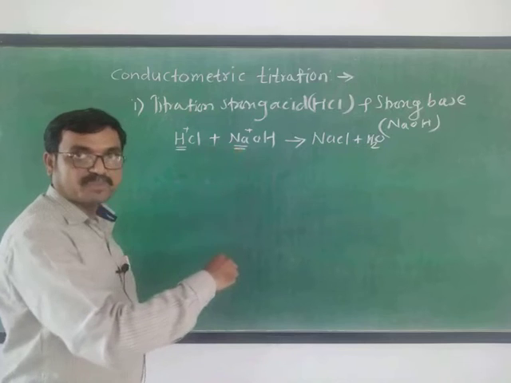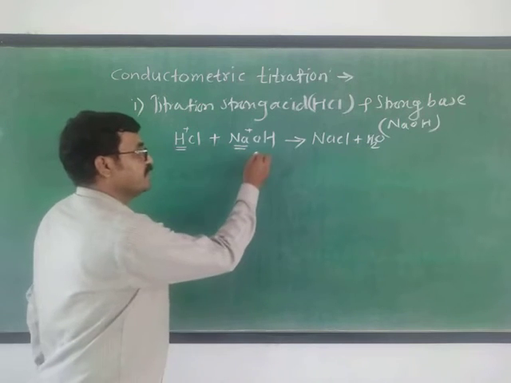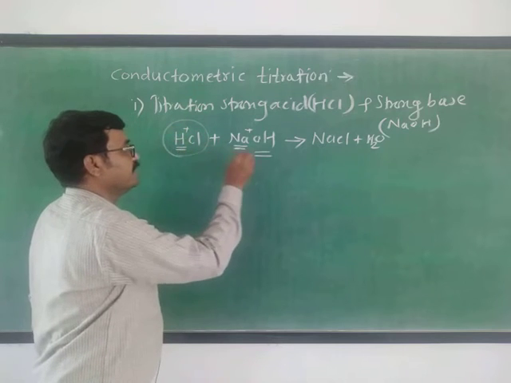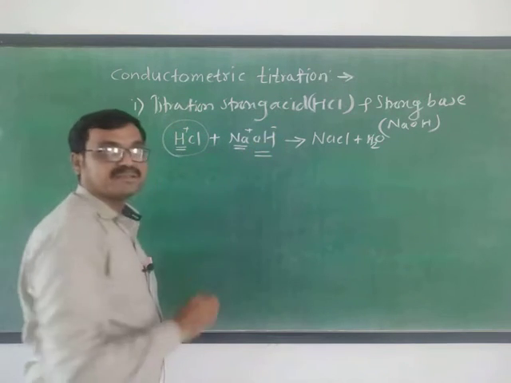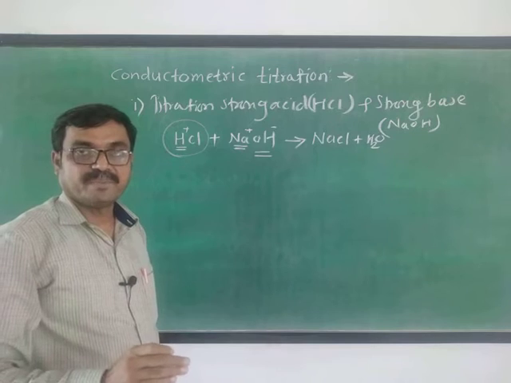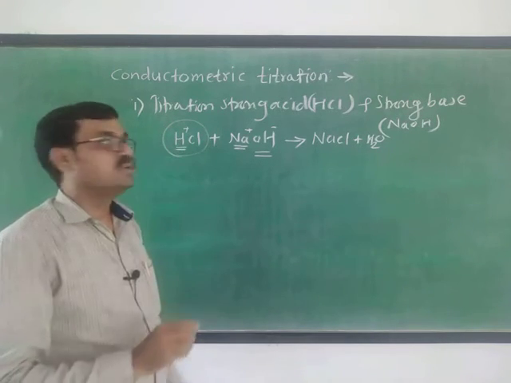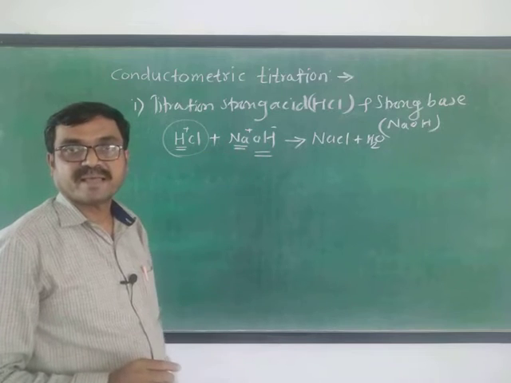Then due to addition of the NaOH, after the reaction is completed, these OH minus ions are high mobile, so after the end point there will be an increase in the conductance due to high mobile OH minus ions.